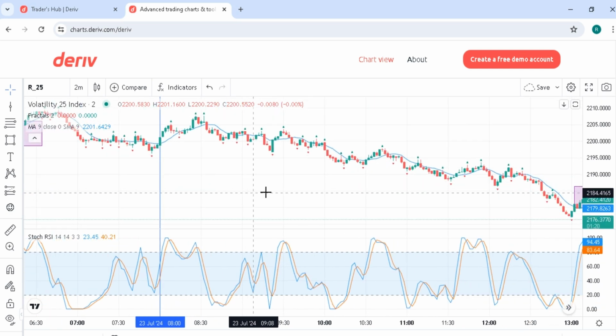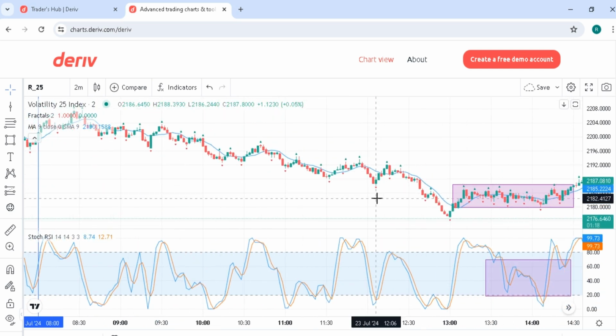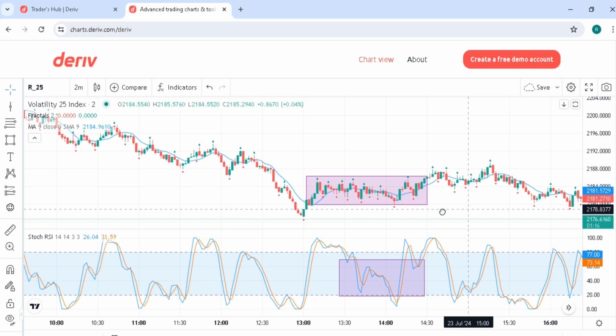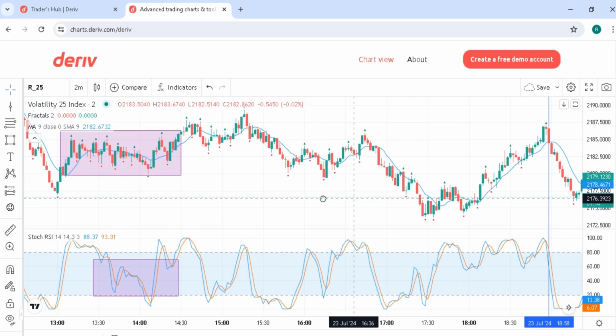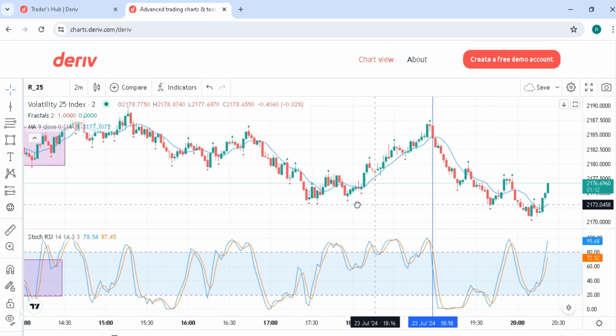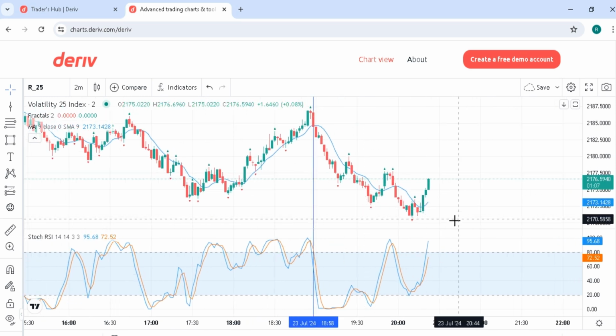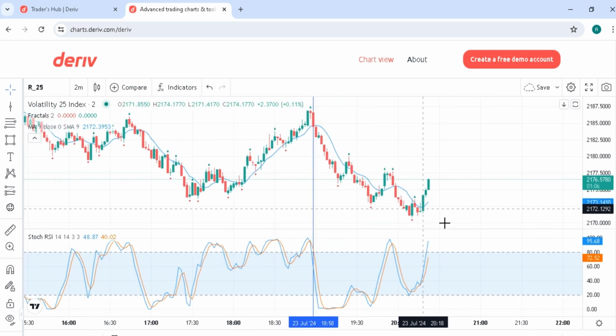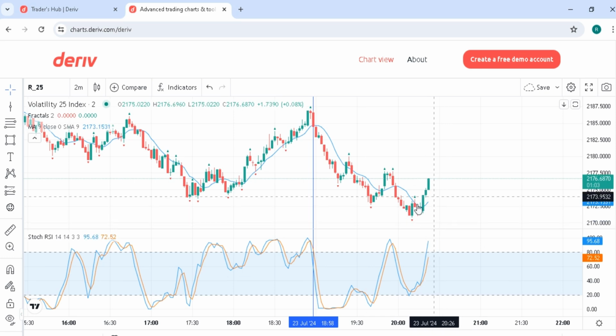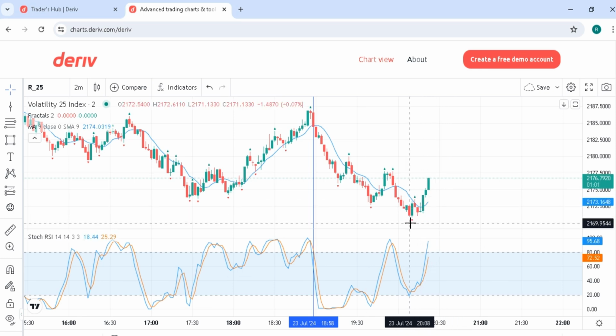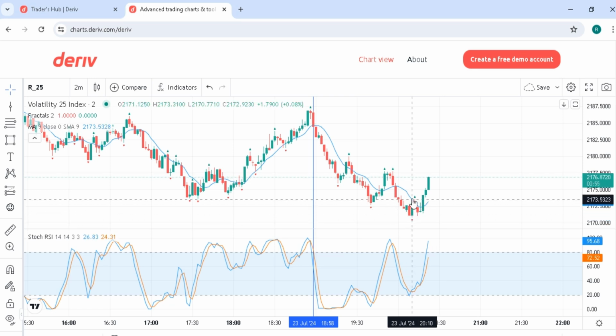Then concerning the Williams fractals, we said when the red one appears at the bottom, of course the red one will always appear at the bottom part, it shows that there is a change in character. In other words, the market is changing from a fall to a rise. For instance, in this region, it's forming here because there was a change of market from a fall to a rise.